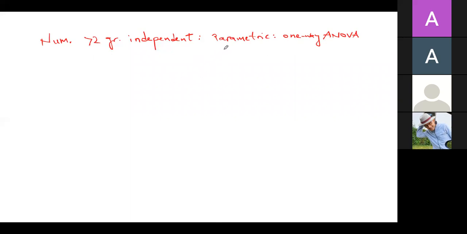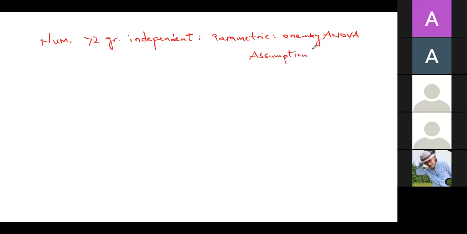Parametric, which has some assumptions, namely the assumptions of ANOVA, the same as with other parametric tests. Normally distributed and sample size.